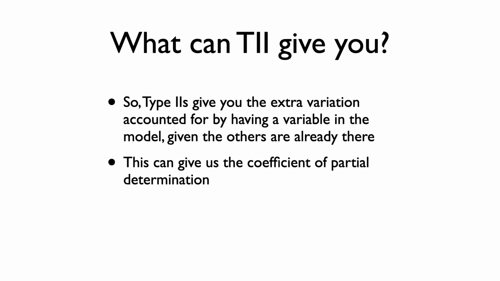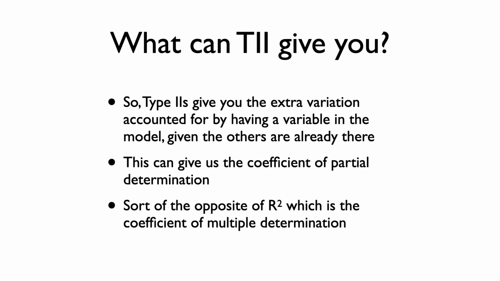This can also give us something called the coefficient of partial determination, which is somewhat useful. It's sort of like big R squared, but it's little r squared. And we can take the square root of that. It's called a partial correlation, which you may have seen in articles you've read. It's really just a correlation, little r.